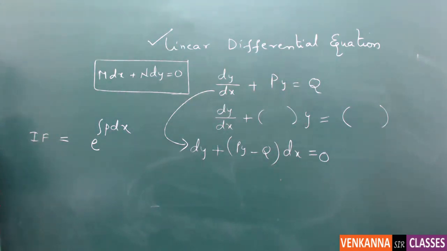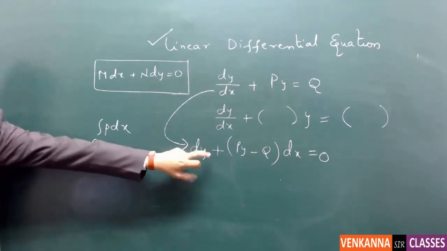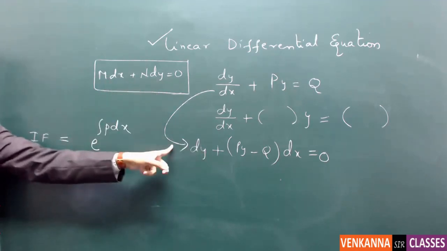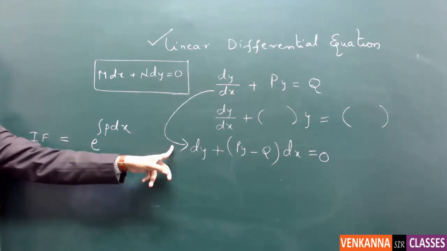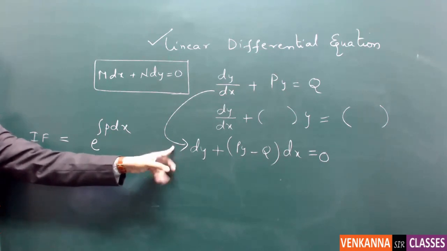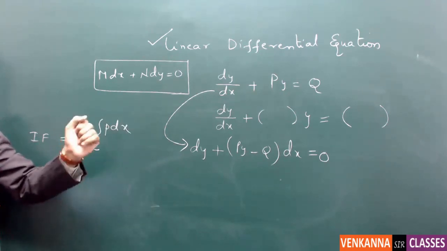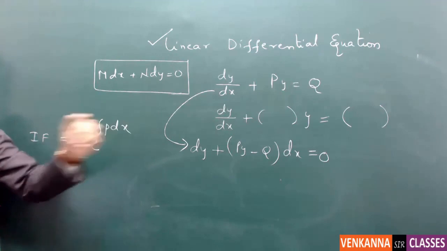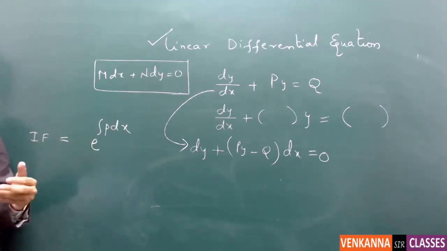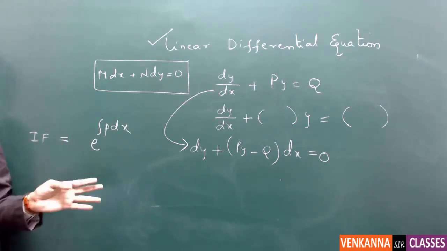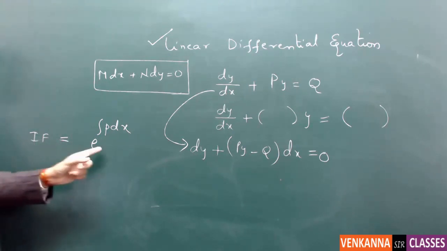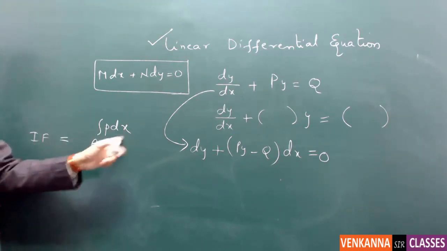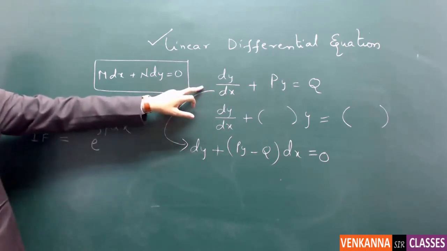Can you say that it is of the form m dx plus n dy equal to 0? If you consider the partial derivatives, it is non-exact: dou m by dou y not equal to dou n by dou x. So in general, if you go on to do the integrating factors method, the integrating factor is nothing but e power integral p dx for this equation.